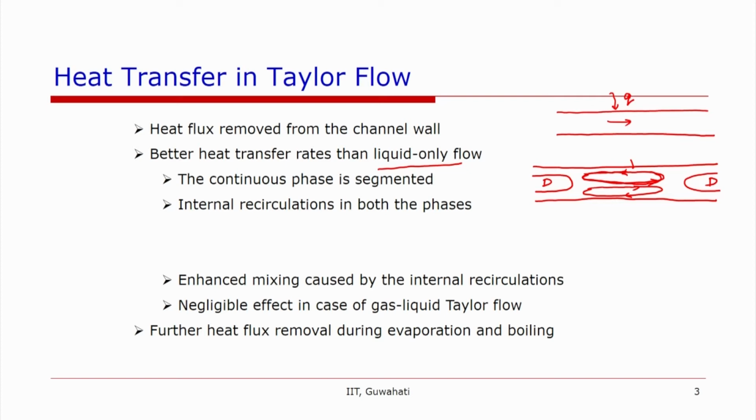Now, because in gas liquid flow they do not contribute to the heat transfer, and as I said earlier, this heat flux that can be removed can be further increased by phase change, where one gets the QL or the latent heat that can be removed.